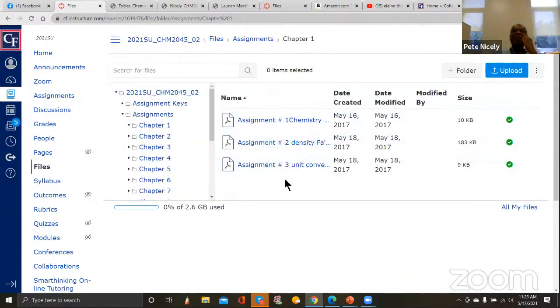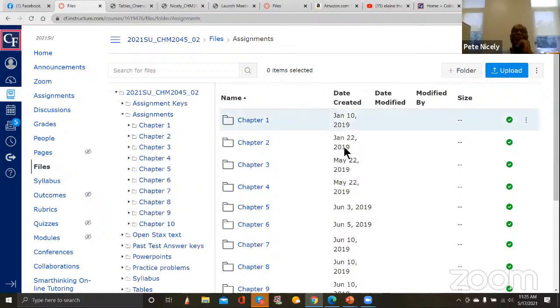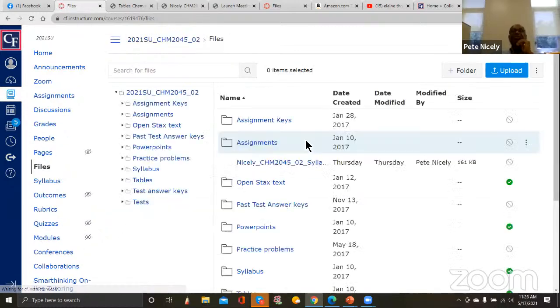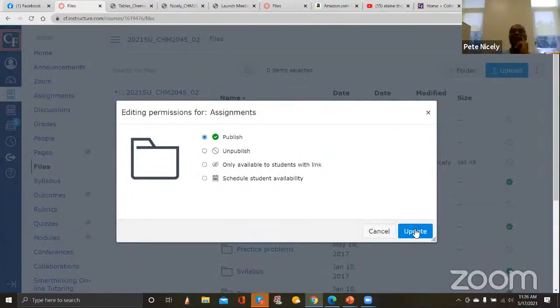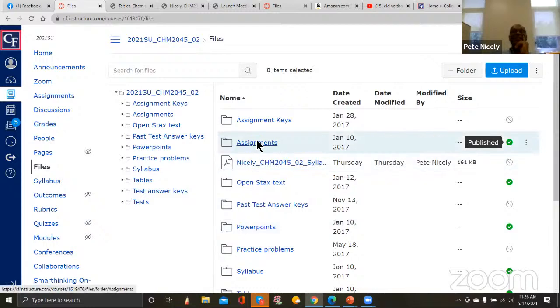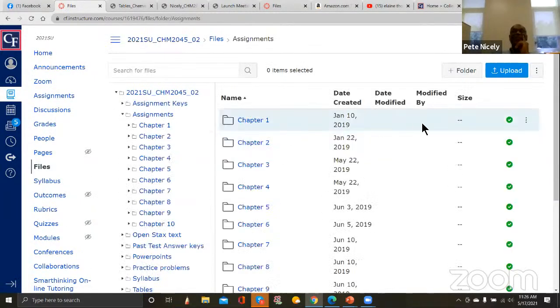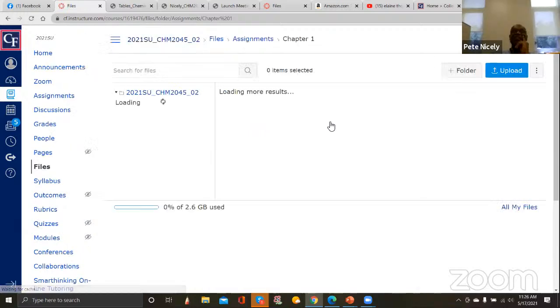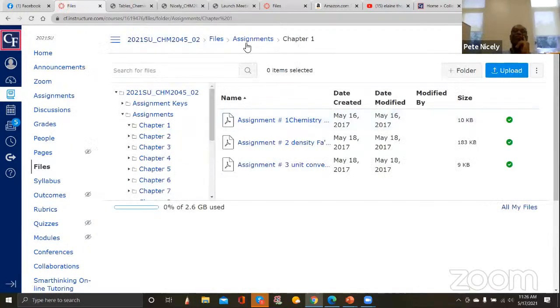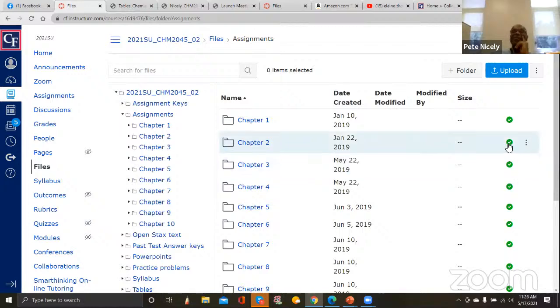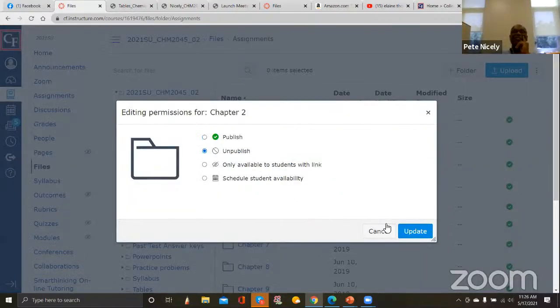Okay, so based on what we have done so far, you should be able to do the assignments for chapter 1. So what I'm going to do is I'm going to publish firstly that folder, and then I'm going to get into the folder and publish. Okay, they're already published. And let me turn off the publish folders for the other chapters.